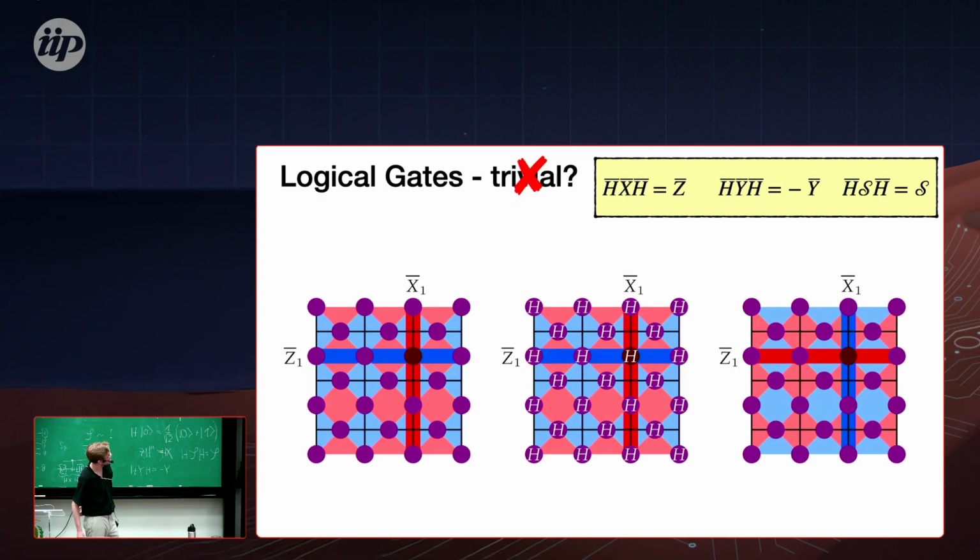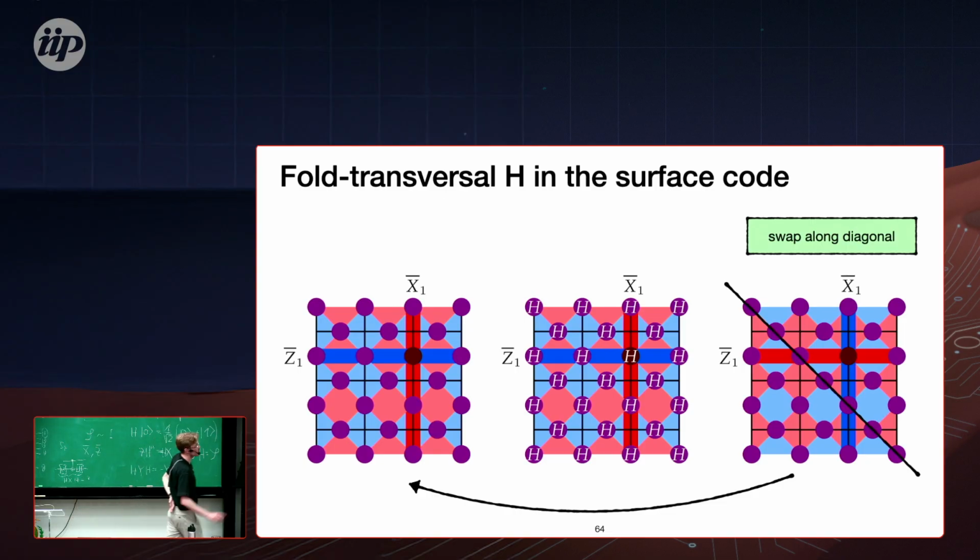So if I take this diagonal and swap everything around the diagonal, then I will get back to this code, but only for the stabilizers. So if I swap along this diagonal, the blue plaquettes will go on the position of the red plaquettes again, and the red stars, the red vertices, and vice versa.